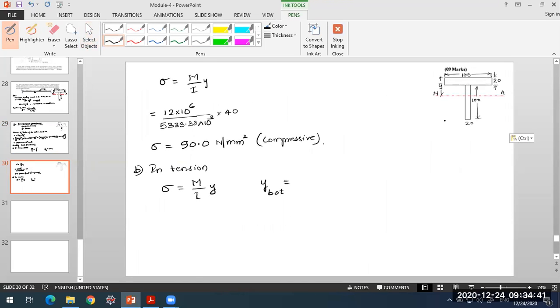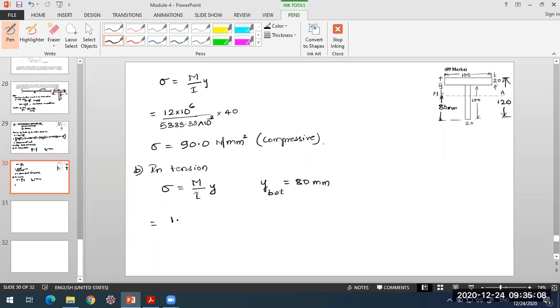So this will be 120 minus 40, that is 80 mm, because y bar was 40. Overall depth is 120, and if I deduct y bar, that is 40 mm, this will come out to be 80 mm. So the extreme fiber distance towards the bottom is 80 mm.